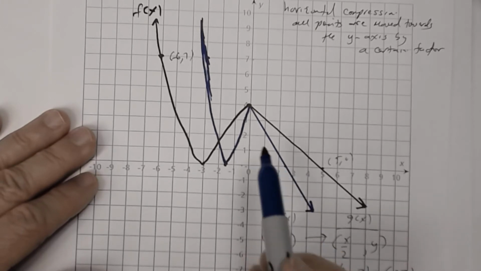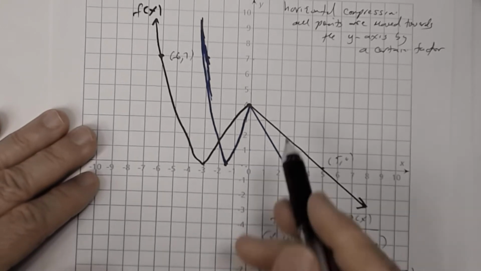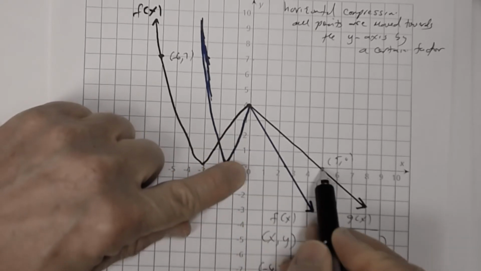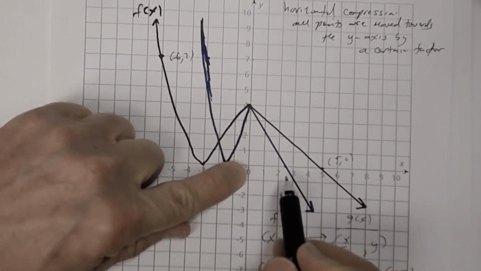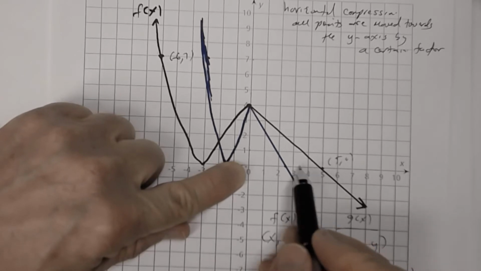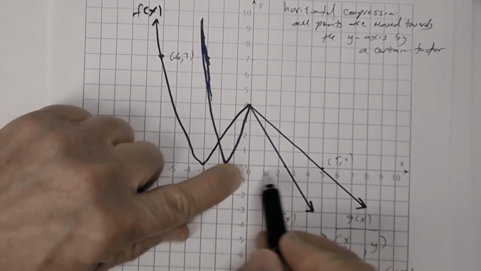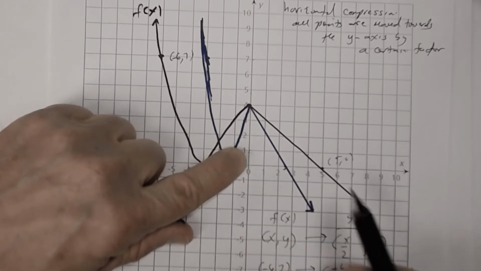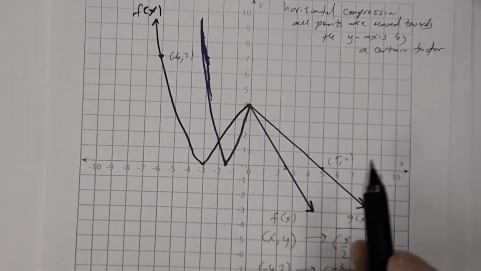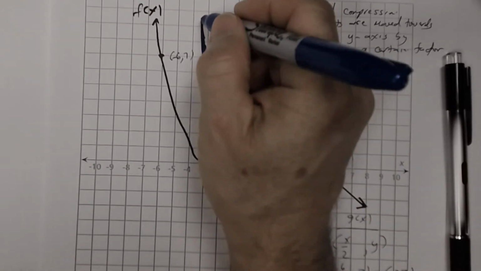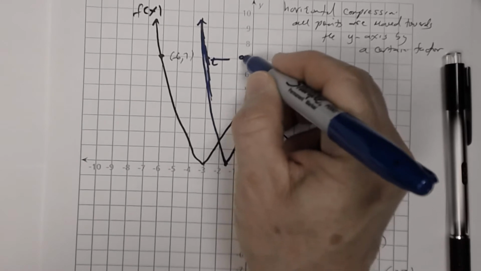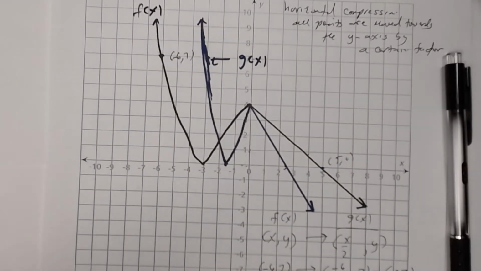So it's not the same distance. You can tell that this distance here and this distance here is not the same. You didn't move it the same. Okay? So you moved it by a factor. What happened is that this distance is halfway. This distance here is halfway. Okay? So there's the graph. Don't forget to put an arrow here. The blue graph is g of x, and the black graph is f of x.